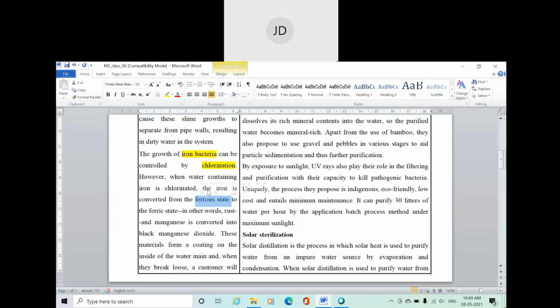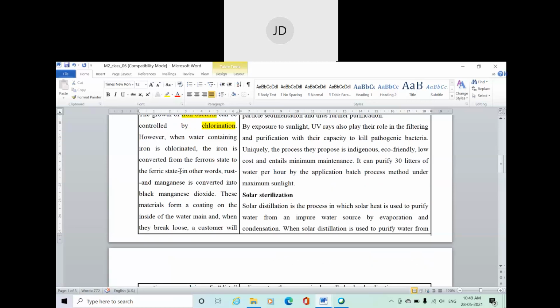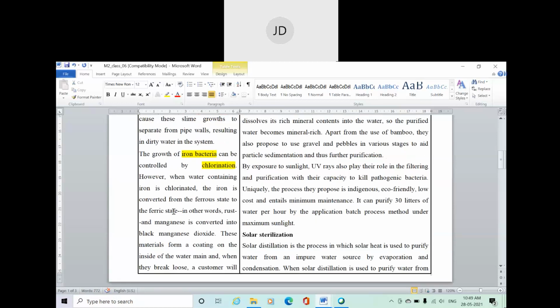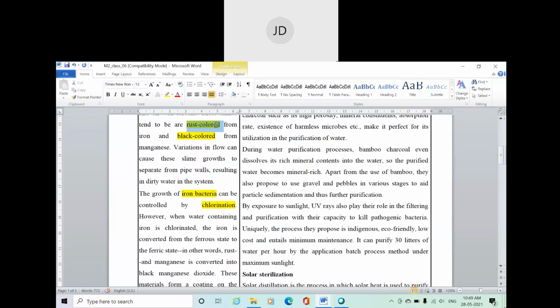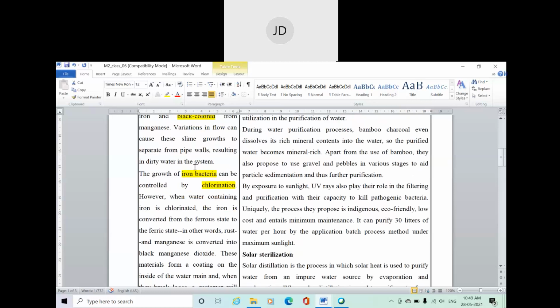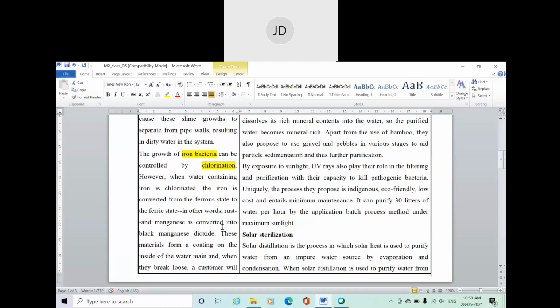Okay, from the ferrous state, the iron is converted into the ferric state. Okay, and the ferric state of iron is mainly responsible for the rust color nearby the pipeline. Fine. And the manganese, which comes as a result of chlorination, produces a black color coating on the inside wall of the water main.